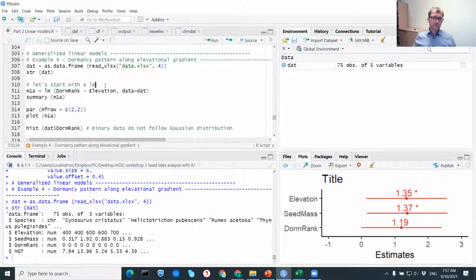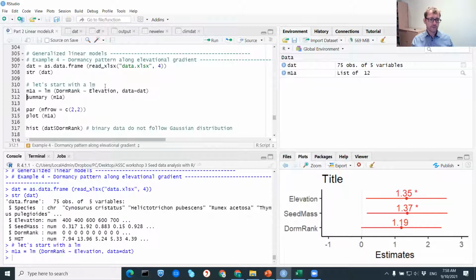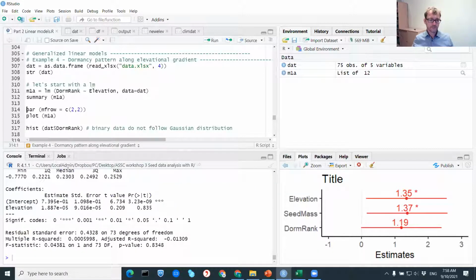Of course, I could plot the data now, but we are jumping straight to the model. I fit the model, assuming that dormancy status is influenced by elevation. I know that in cold ecosystems, like in my alpine environments, plants tend to have dormant seeds. It's again a kind of risk avoidance mechanism, because we have a long cold winter and seeds are usually dispersed in autumn.